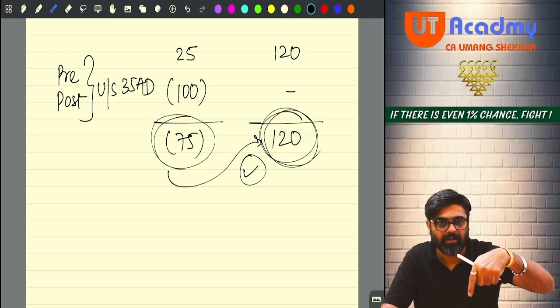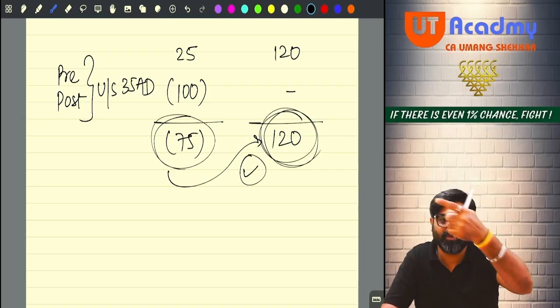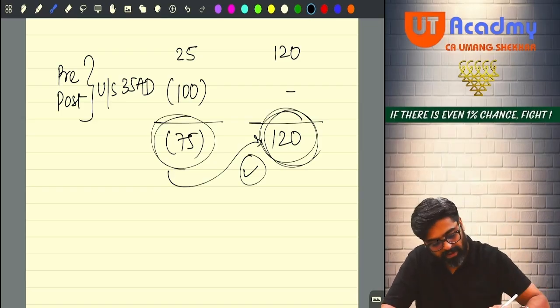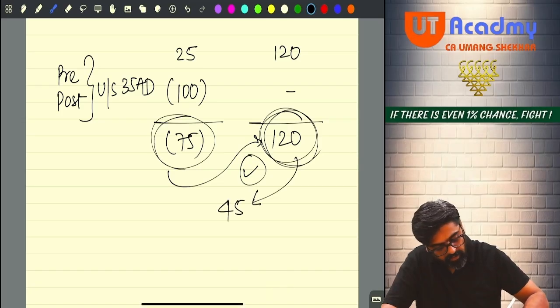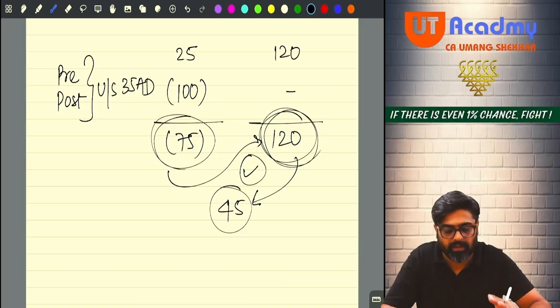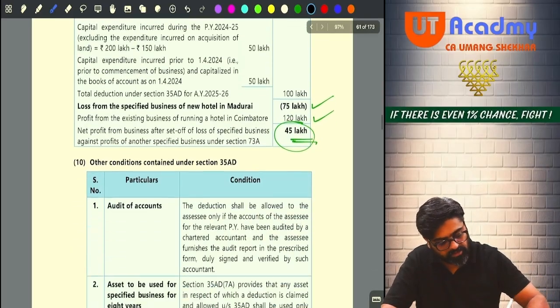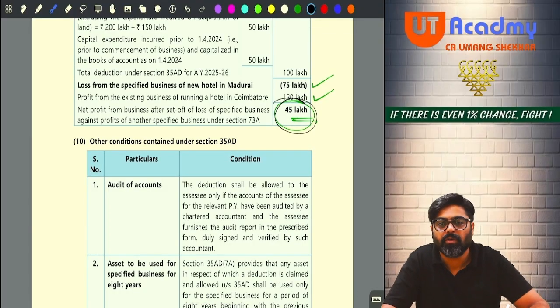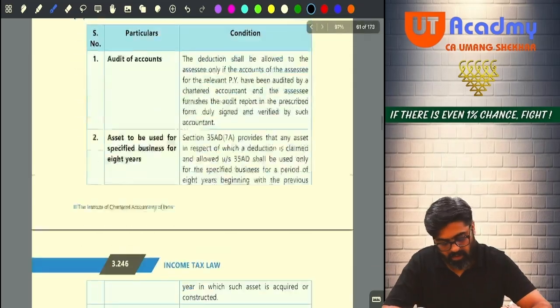See, in this way they will be asking you these type of concepts in the exam. Okay. So finally 45 lakhs will be the remaining profit out of this. This will be your taxable PGBP income. That is given as your answer. Please check. 45 lakhs. Sure everyone? Should I move ahead? Okay.